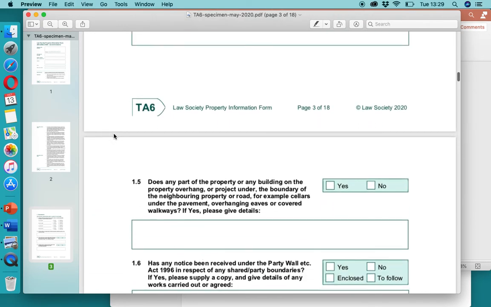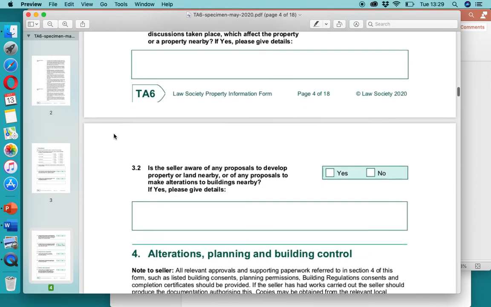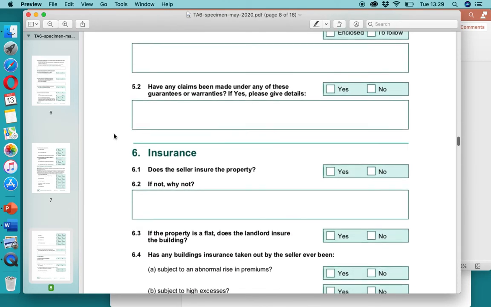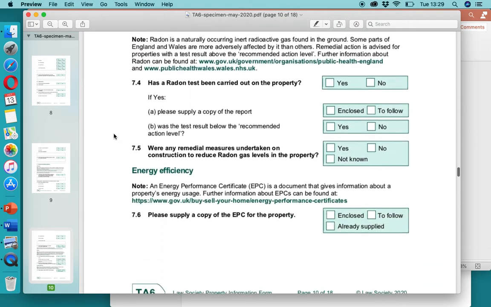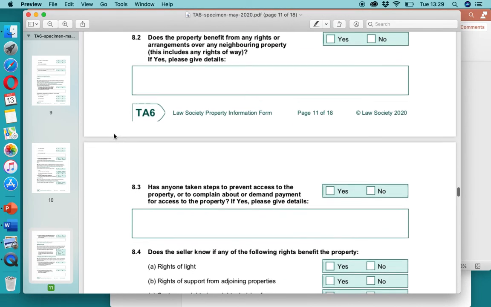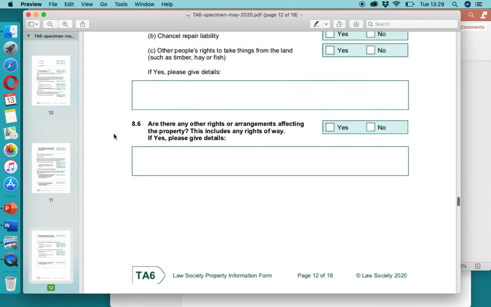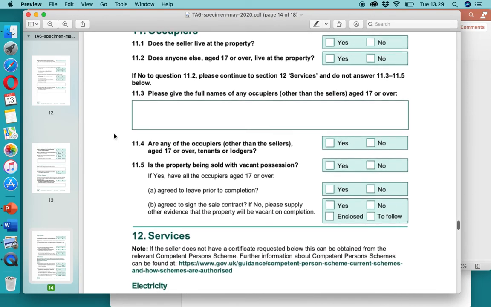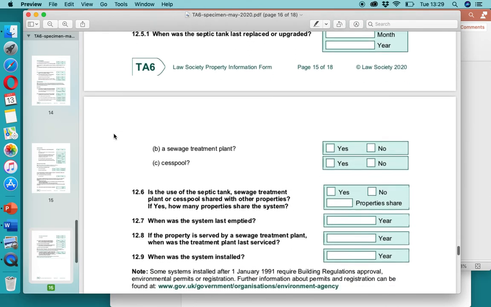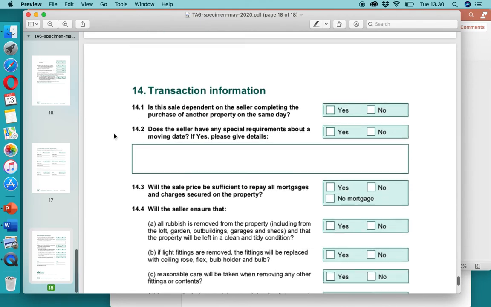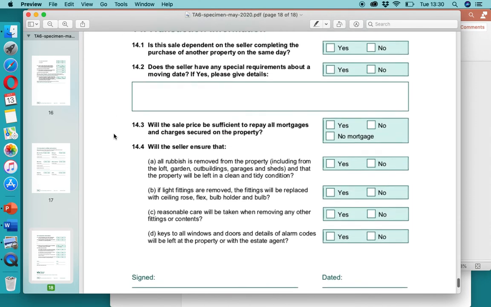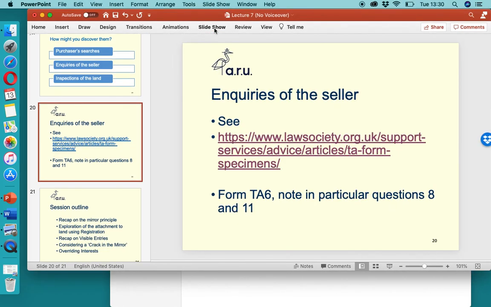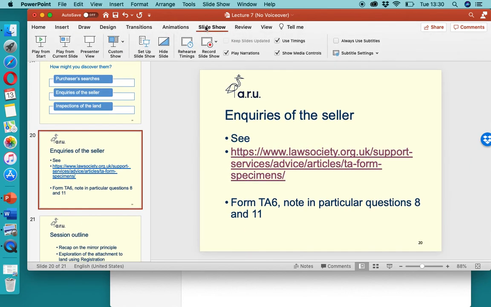So things like boundaries, disputes, if there are any disputes, notices, planning, understanding, guarantees for any of the work being done, insurances, environmental situations, any informal rights around road use, access, rights of light, minerals, services, parking, any other form of charges against the property, occupiers, services, heating, draining, sewage, utilities, transactions, etc. So yeah, 18-page long document that has to be filled out with a truthful representation of the knowledge of the seller passing across to the purchaser, sorry.